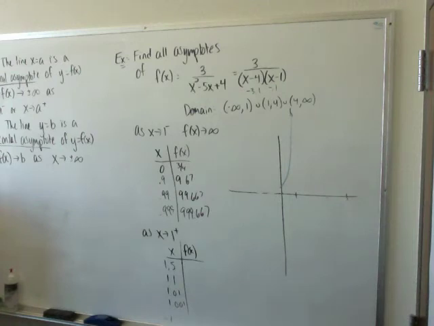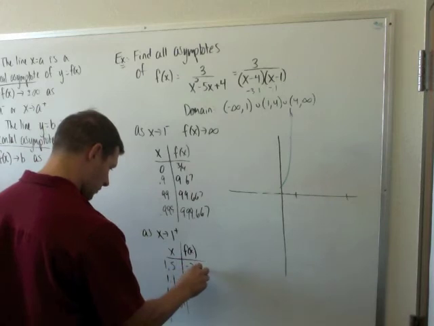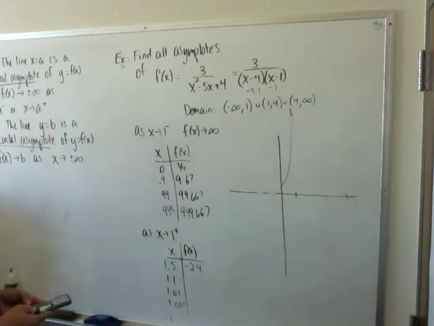Oops, did I make a mistake there? Let me double check. 3 divided by 1.5. Yeah, I have a negative number. I get negative 2.4. And if I plug in 1.1, oops, I got an error, typed something wrong.